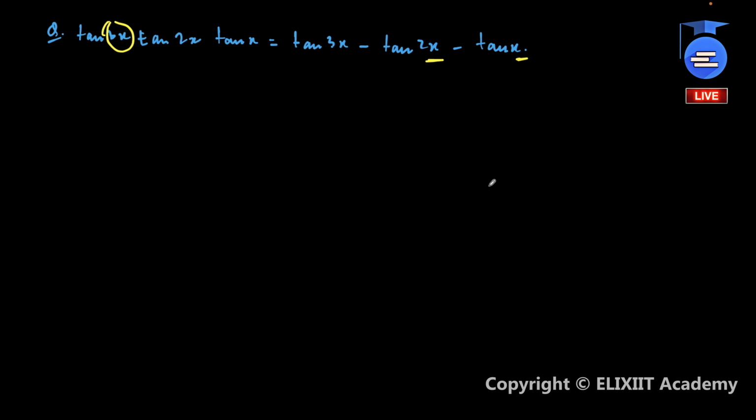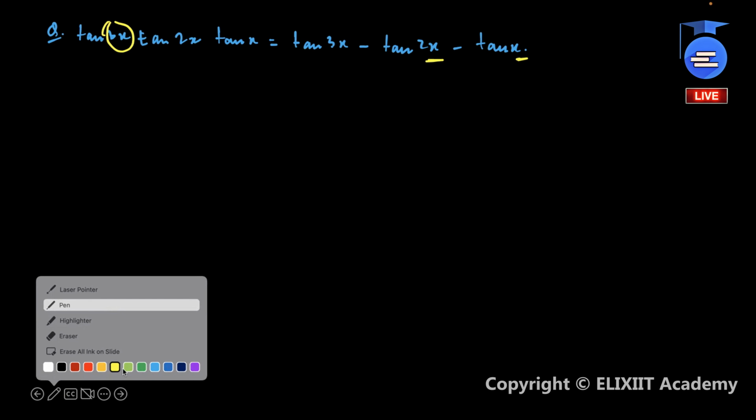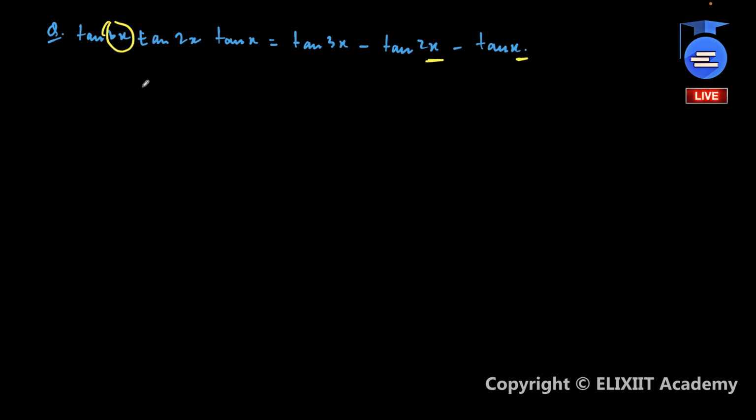What we can use is the formula of tan a plus b. We write tan 3x as tan of 2x plus x, taking tan on both sides.